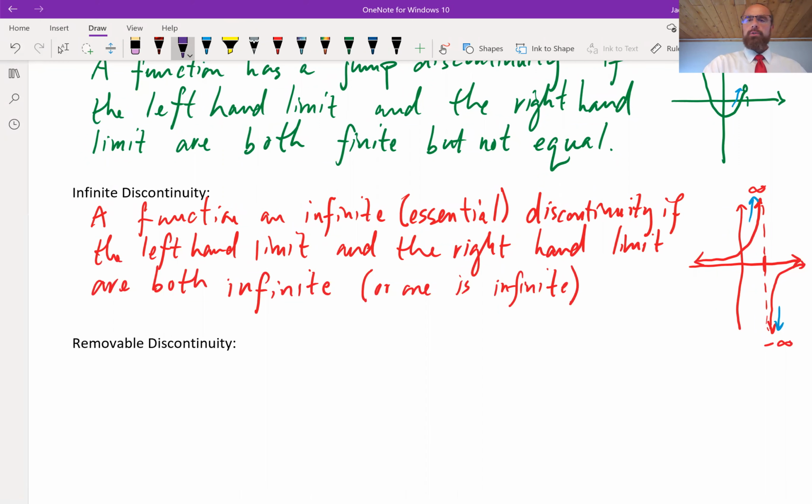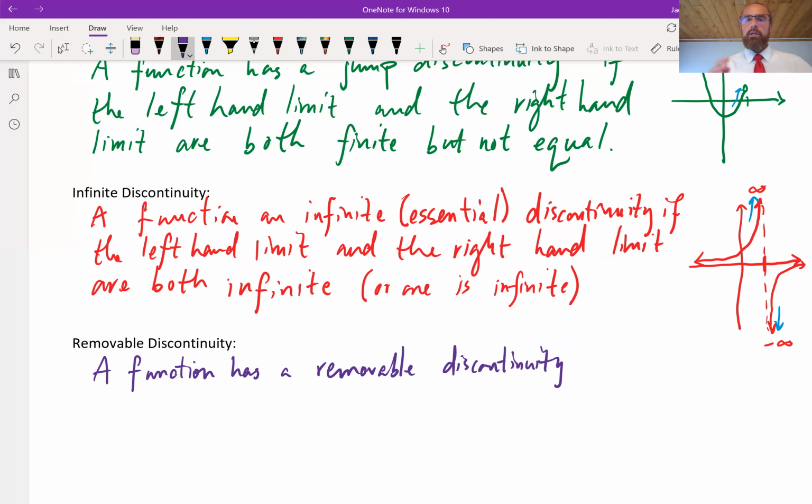So again, we're going to start with our word definition. A function has a removable discontinuity. So here we're going to see a combination of the things that we've said for jump and infinite discontinuity.